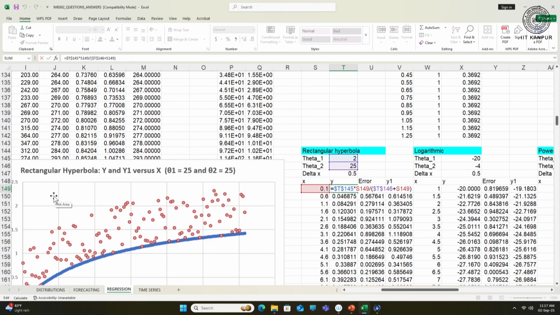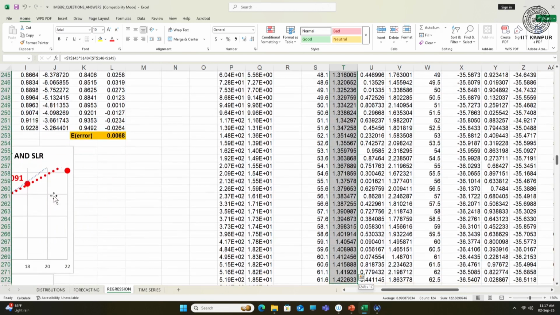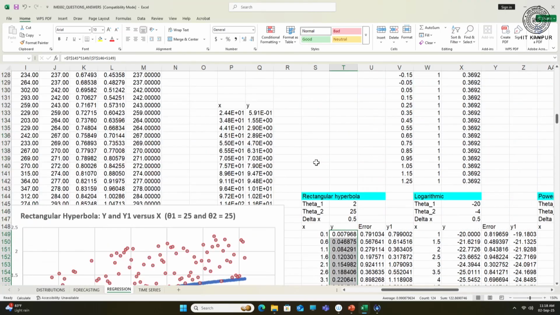In the numerator it is theta 1 which is 2 into x, and in the denominator it is theta 2 which is 25 plus x, and the values are depending on theta 1 as 2 and theta 2 as 25. We have all the values of y as highlighted in column T. So, column S is the x values, and column T are the corresponding y values.